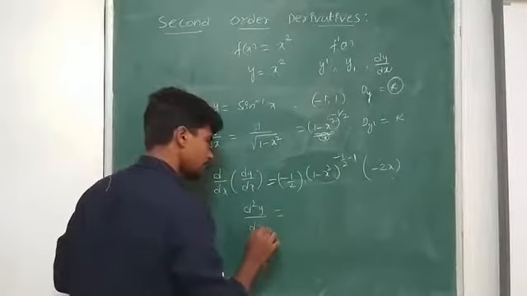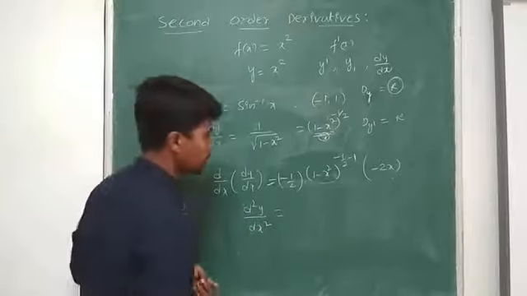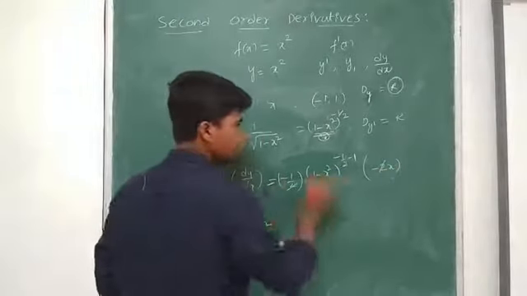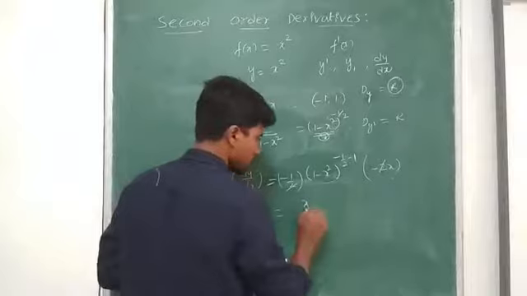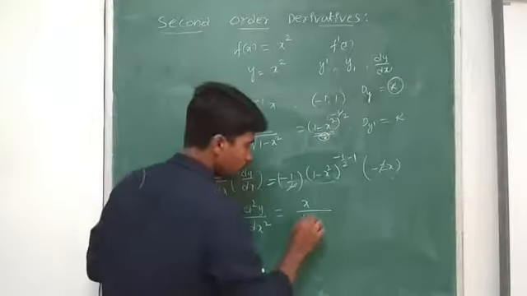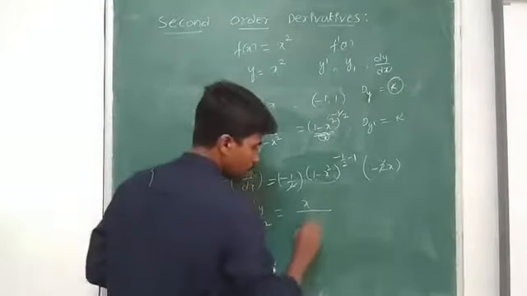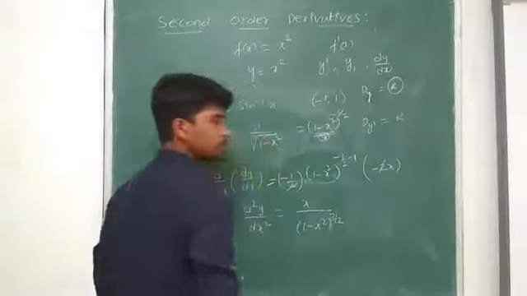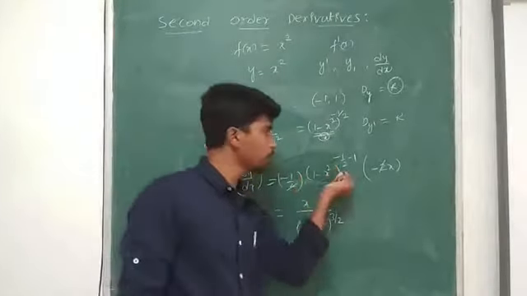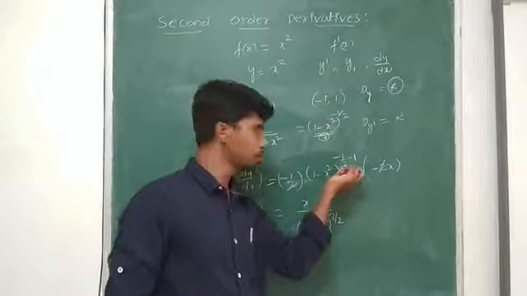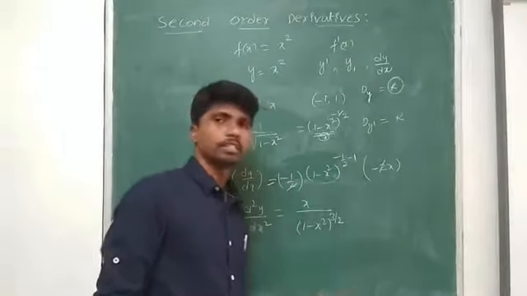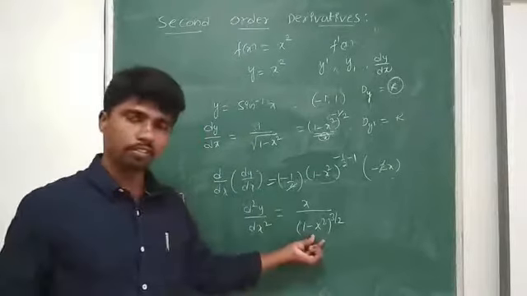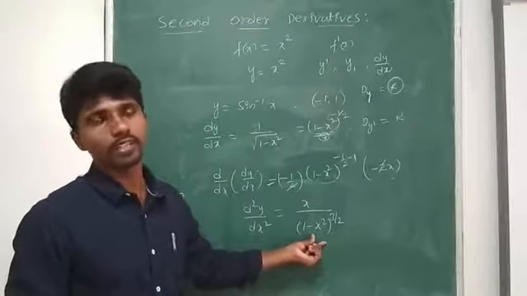d2y by dx square is equal to x by root 1 minus x square whole power, where the 2 and 2 get cancelled and minus into minus gives plus. If you take it in the numerator, I get minus 3 by 2. I transfer it to the denominator, I got 3 by 2. If this denominator is 0, then the function does not exist.